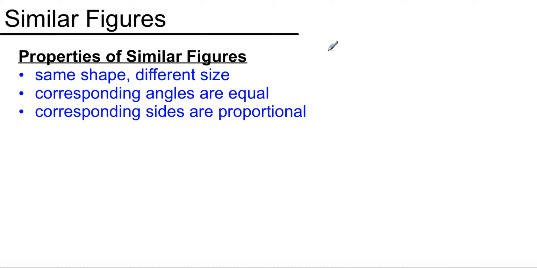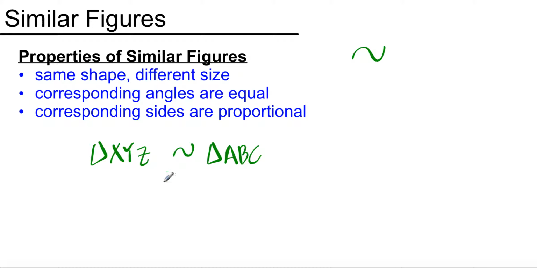Now let's talk about some symbols here. First of all, this is our symbol for similar. Say we're talking about some similar triangles, like we say triangle XYZ is similar to triangle ABC. The cool thing about similar figures is when you list the statement of similarity, the order that these letters are written is very important.